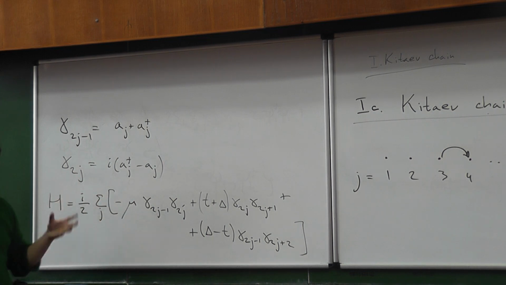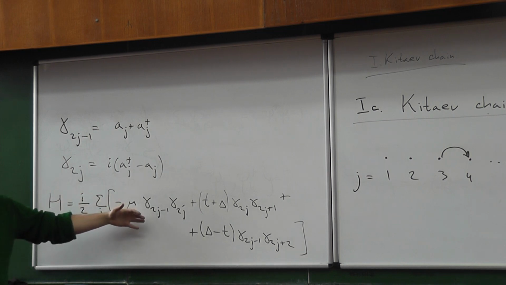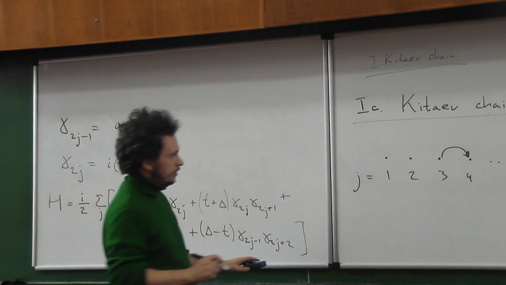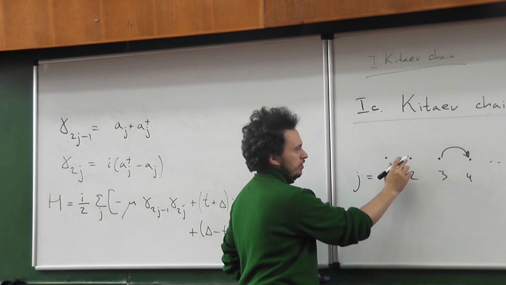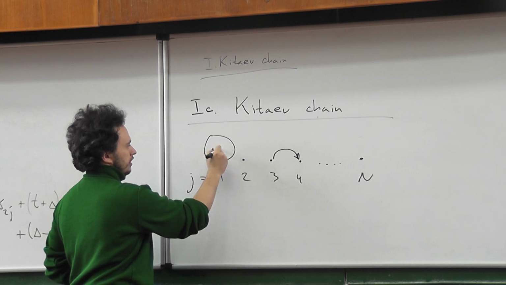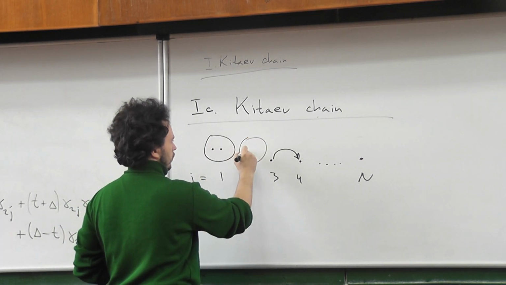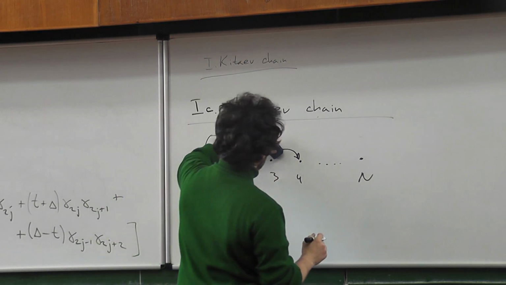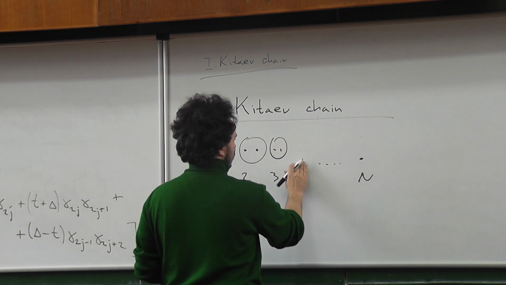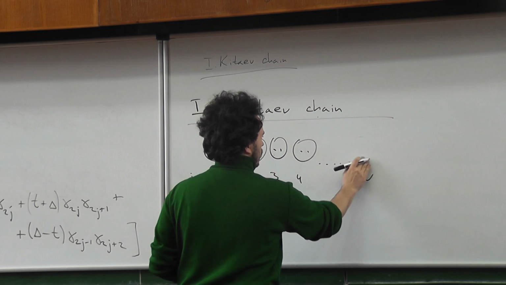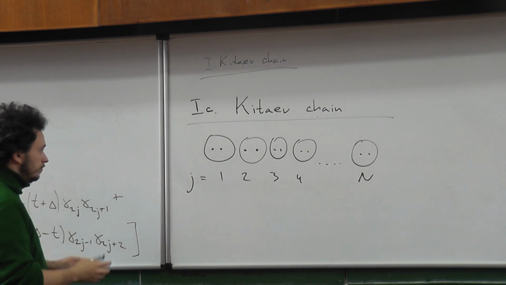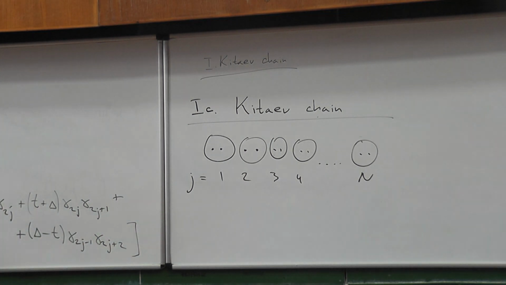How does it help us to solve it? At least it helps us to interpret what each of the terms want. So previously we had sites j, 1, 2, 3, 4. Now for each site we have two Majoranas. This mu term is simple.